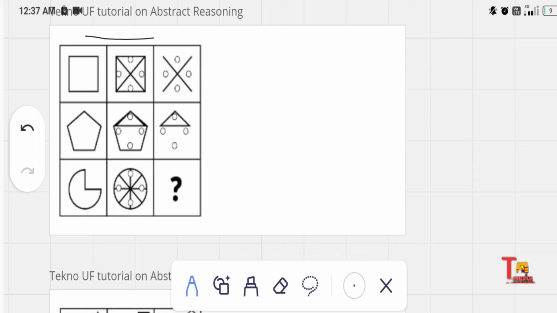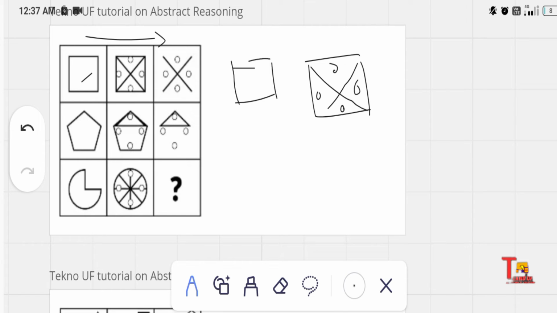I am going row wise. In the first box there is a square, and in the second box some figures are added, that is, small circles and this cross mark.